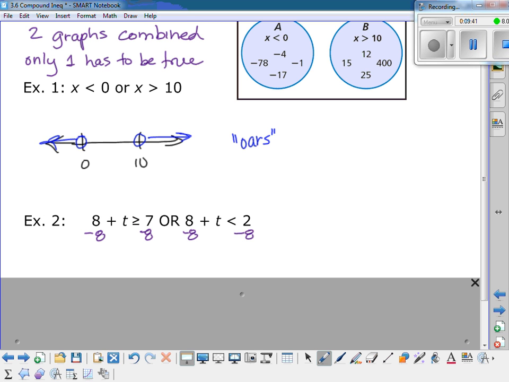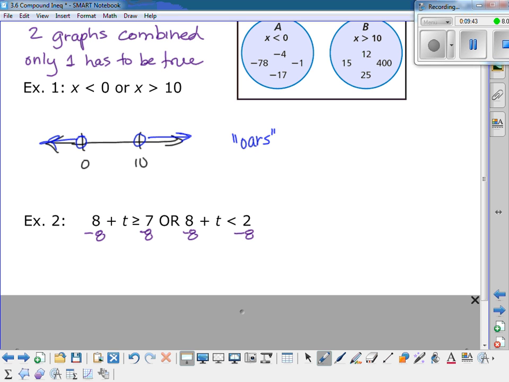So we subtract 8 on all of them, and we get t is greater than or equal to -1, or t is less than -6.